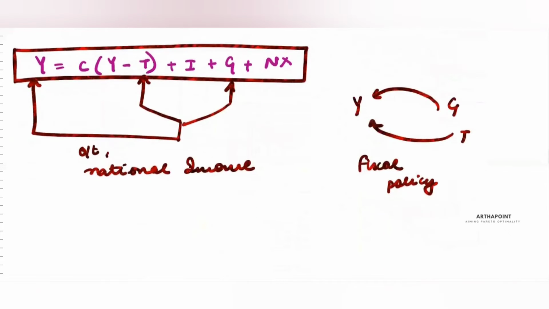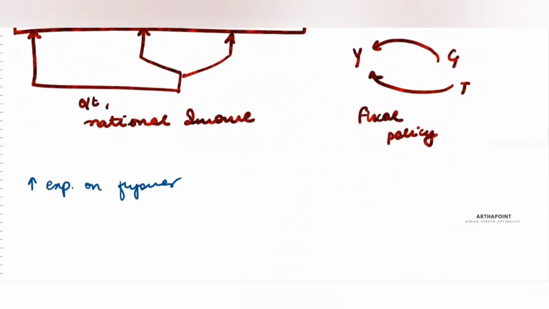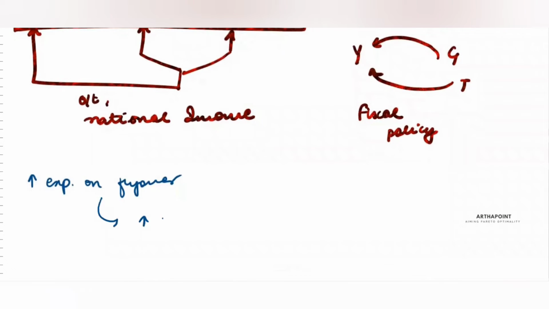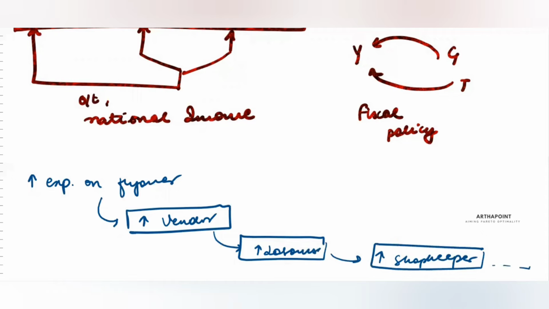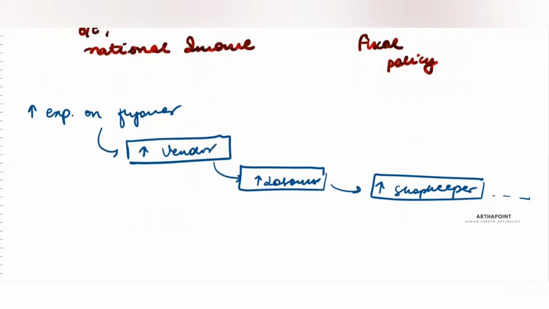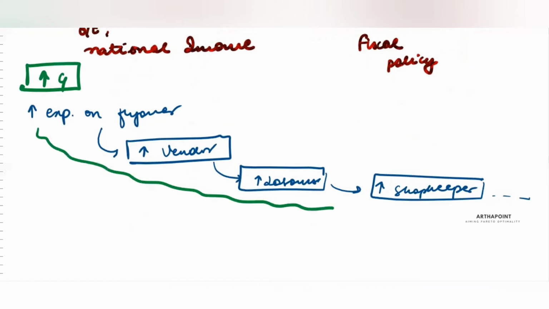So for example, the government increases its expenditure on building a flyover. This increases the income of the vendor to whom this contract was sold. This increases the income of the laborers who will earn income from it. It increases the income of the shopkeeper where the laborer will spend his income, etc. This increase in G, increase in government expenditure, creates a flow of income.